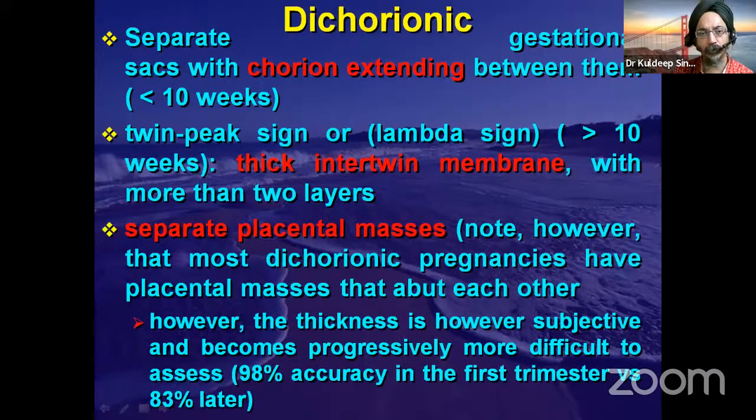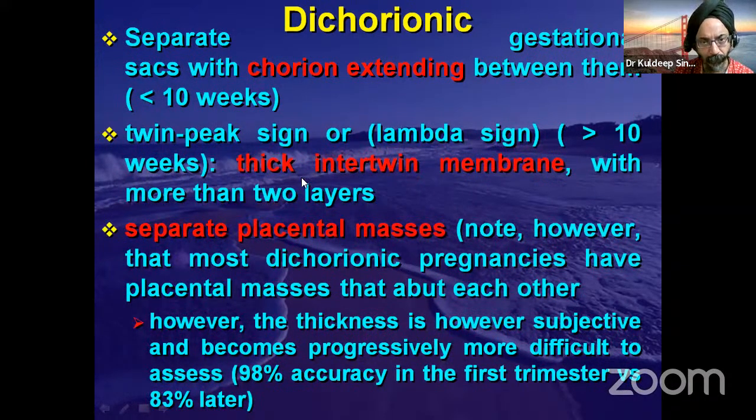In terms of dichorionic, we're looking at separate gestational sacs with chorion extending between the membrane. Less than 10 weeks, we're looking at a twin peak sign or a lambda sign that starts off after 10 weeks.